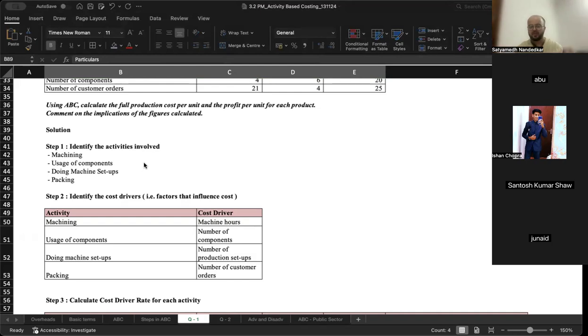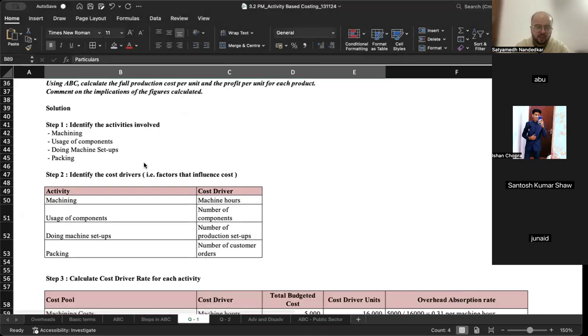Okay, so you have direct material, direct labor given. The overhead apportionment should ideally be done in a straightforward manner. So let's see if we can use the traditional absorption costing approach and what do we arrive at.